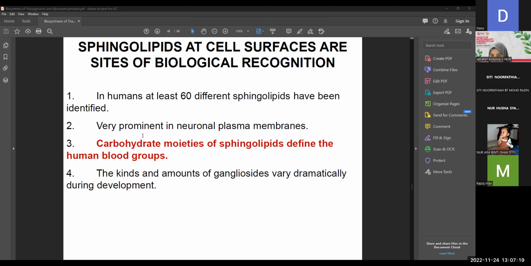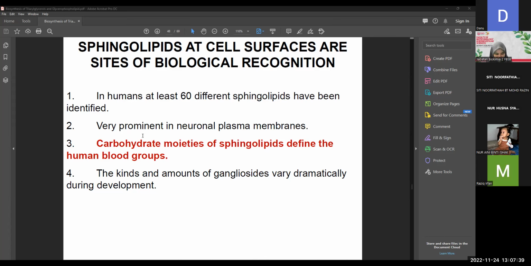How many blood groups do we have, class? Do you know your blood group? Yes, doctor. All right. How many blood groups do we have?